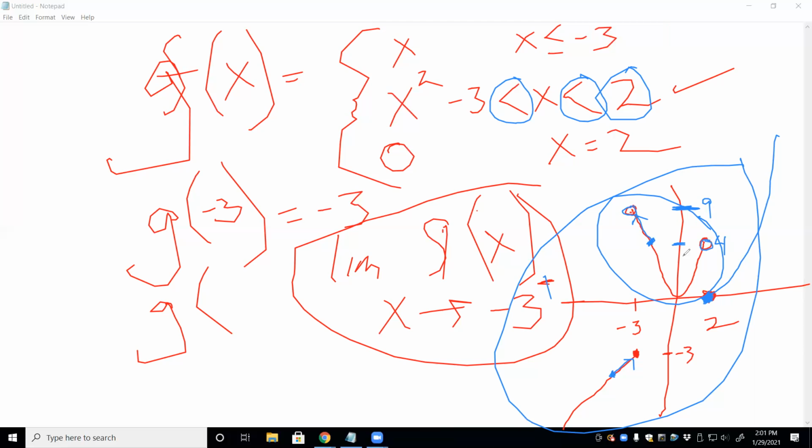And to draw this graph, I had to lift my pencil. To get from there to there, I could not do it without lifting my pen. But that's not a particularly appealing mathematical definition. So this mathematical definition is where the limit from the left has to equal the limit from the right, and they both have to equal the evaluation at that point.